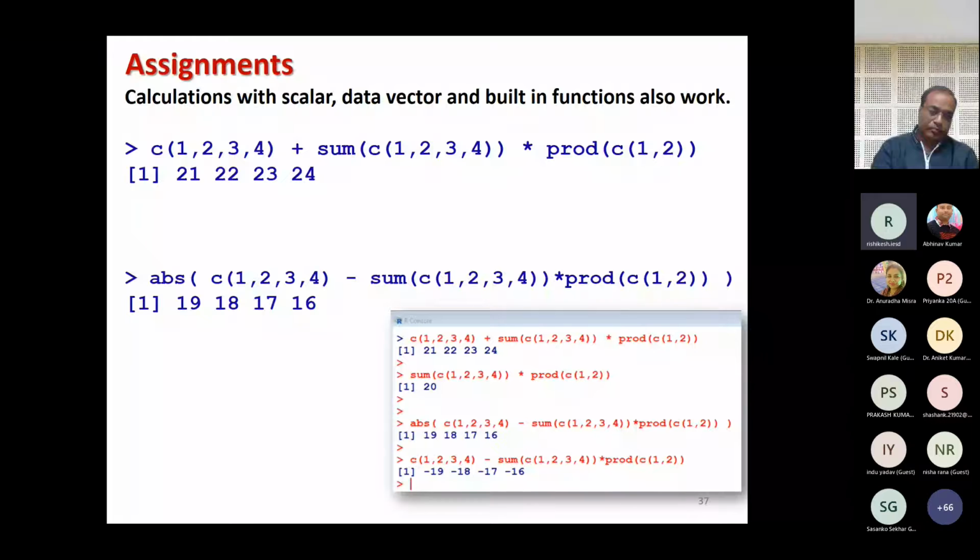You can take these built-in functions, and then you can take the data vectors or the scalars also. For example, I'm taking C(1, 2, 3, 4). Now I'm taking the function sum of C(1, 2, 3, 4), and then product of C(1, 2). So what will happen here? Because these things are inside the parentheses.